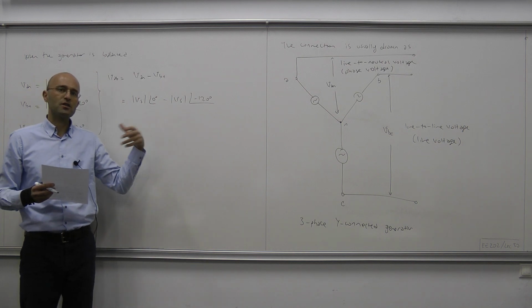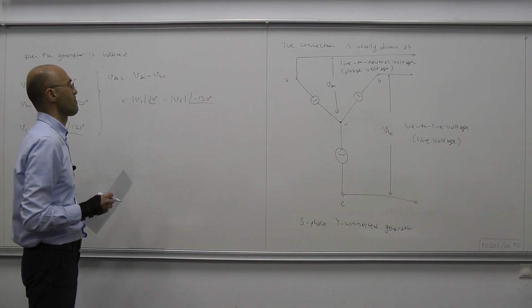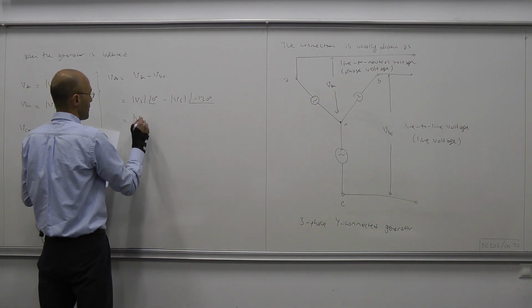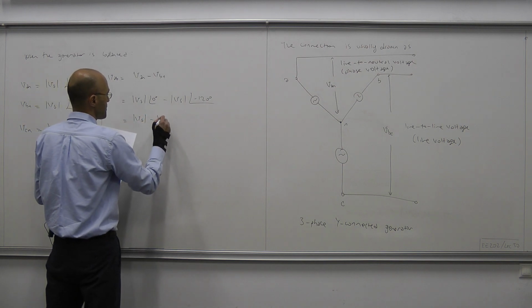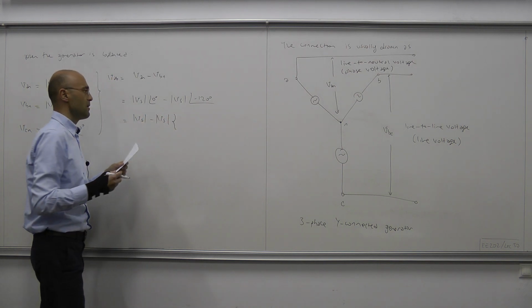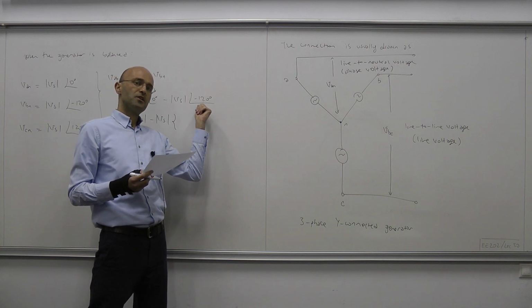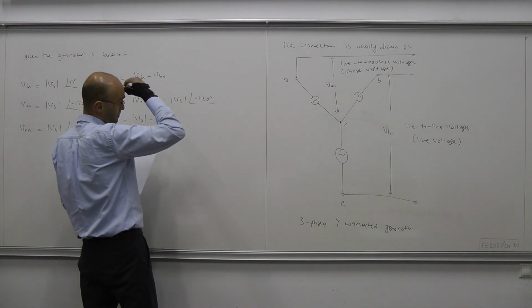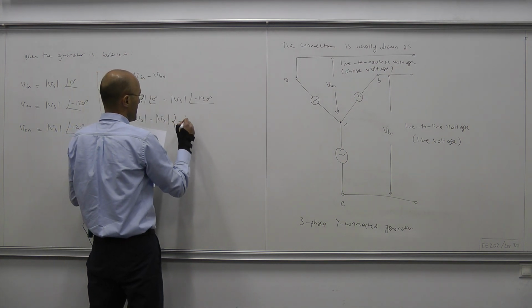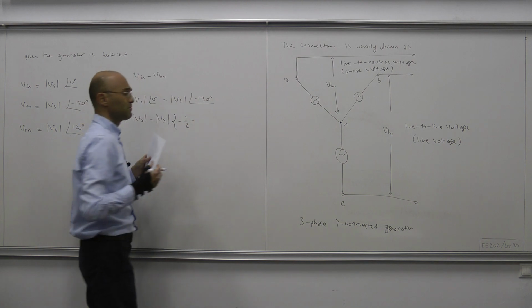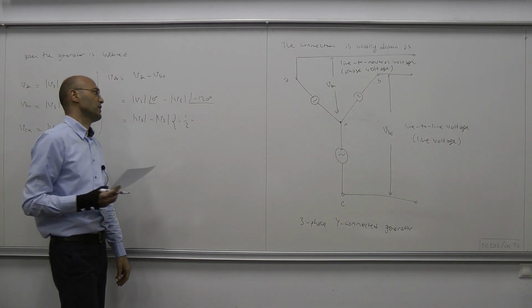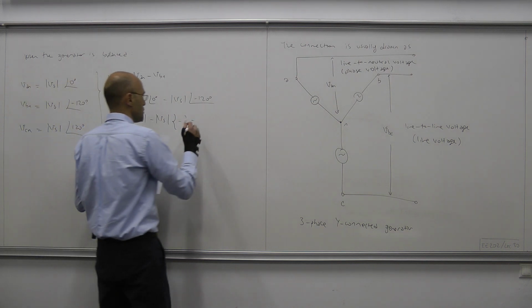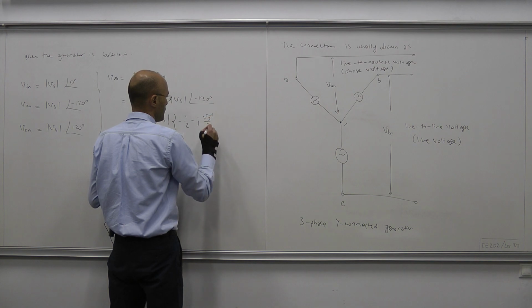Since we're doing subtraction, let's write things in rectangular coordinates. This we can write as Vs minus Vs times cosine minus 120 degrees plus J times sine minus 120 degrees. Now cosine minus 120 degrees is minus 1/2, and sine of minus 120 degrees is minus square root of 3 over 2. So here we have square root of 3 over 2.